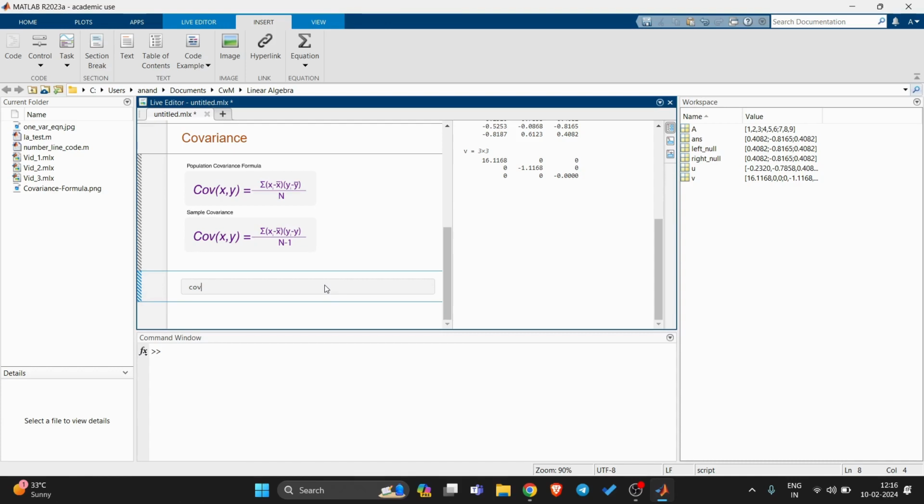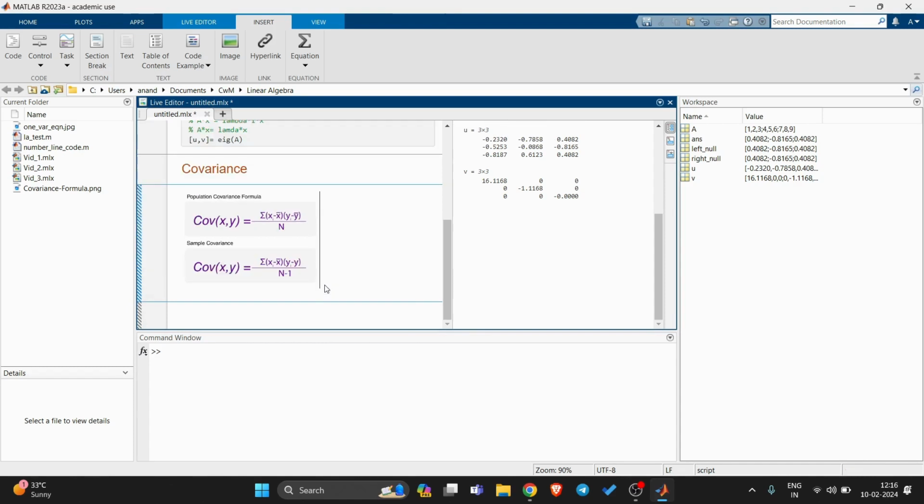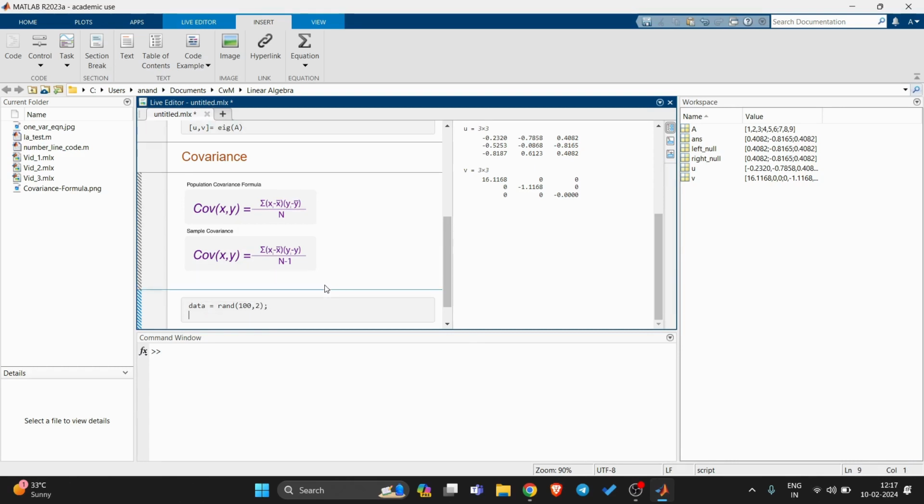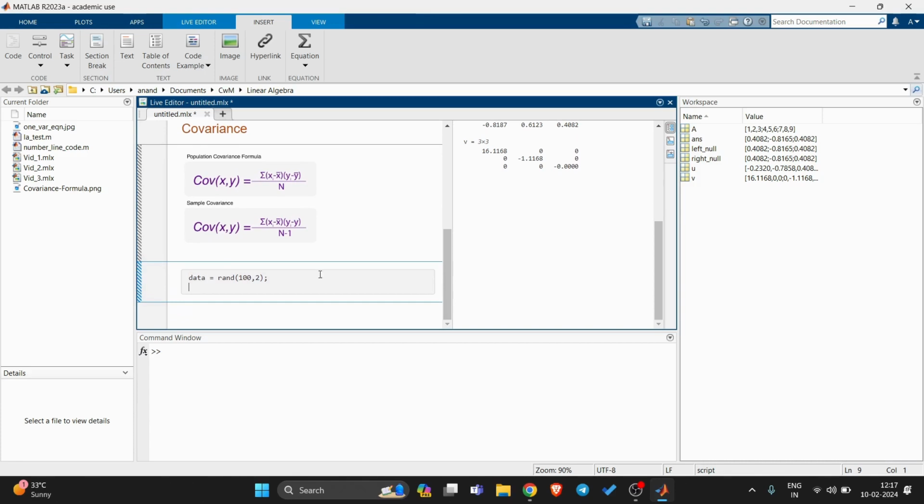Now, suppose I have data equal to rand of 100 by 2, and to find the covariance I use the cov function.